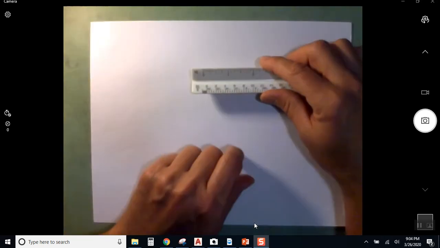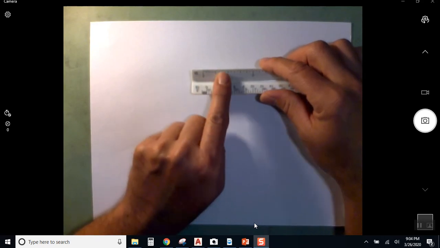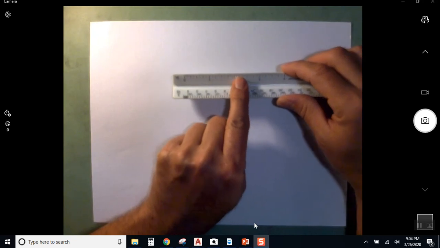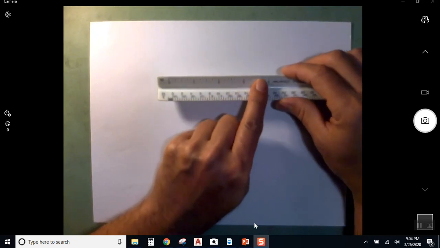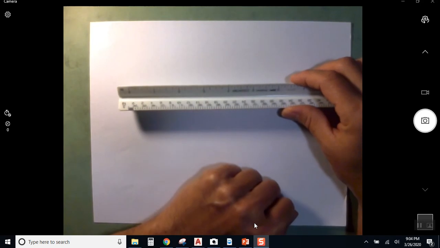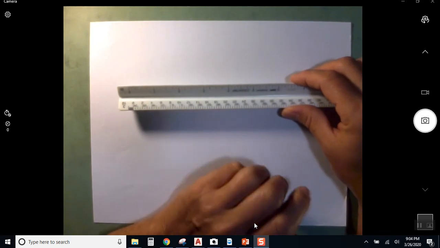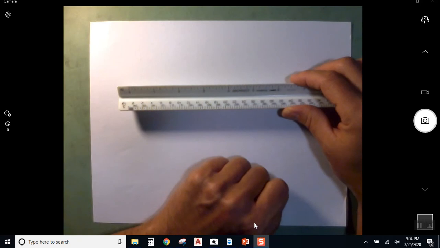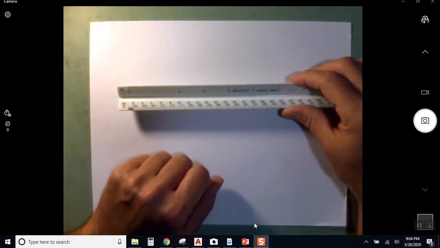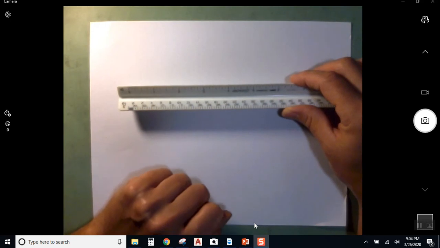What kind of freaks people out a little bit though is all these little marks in between each of the whole inches. And what we want to do is take away the mystery and demystify what all these little marks mean. Okay, so work along with me as we go through what all the divisions mean on the edge of the scale and how you can take accurate, precise measurements.